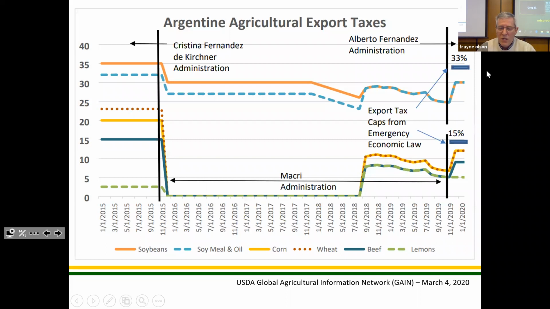I grabbed this from a USDA publication. They showed historically what the export taxes have been under the different administrations. And they're now returning to about a 33% tax on beef, and about a 30% export tax on soybean oil, meal, and raw soybeans.